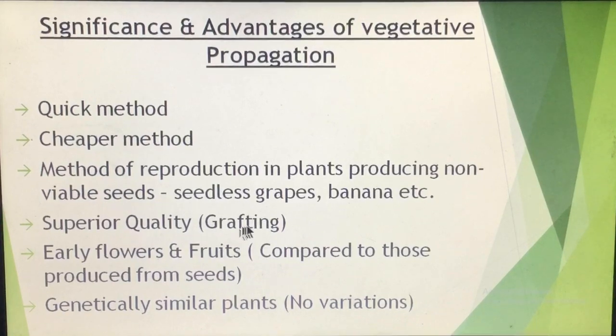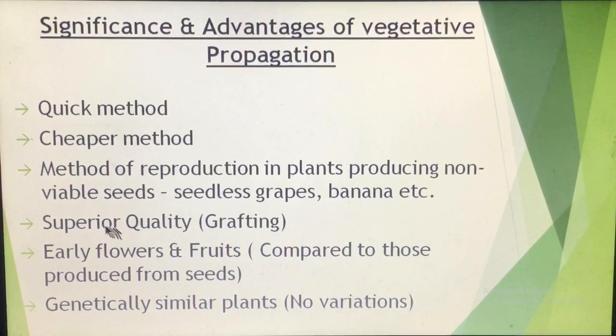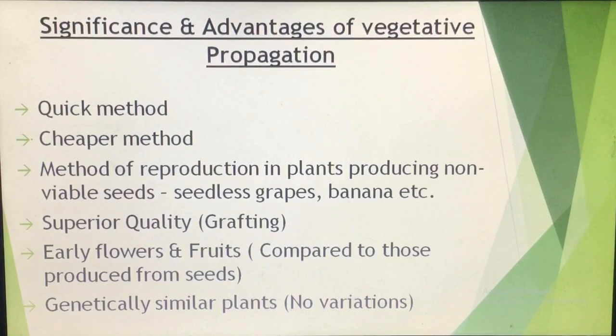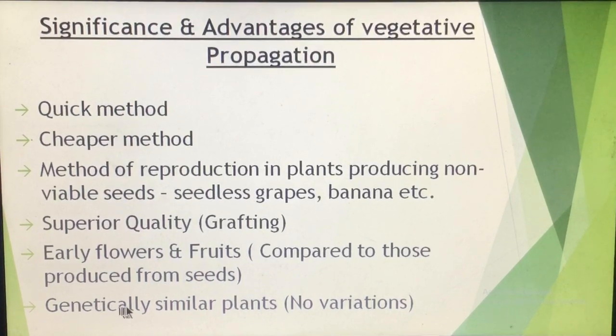Now by grafting, we have talked about the grafting, superior quality plants can be produced which have the qualities of both the two plants, that is superior root system and superior shoot system. Another important characteristic of vegetative propagation is that the plants which are produced are genetically similar.